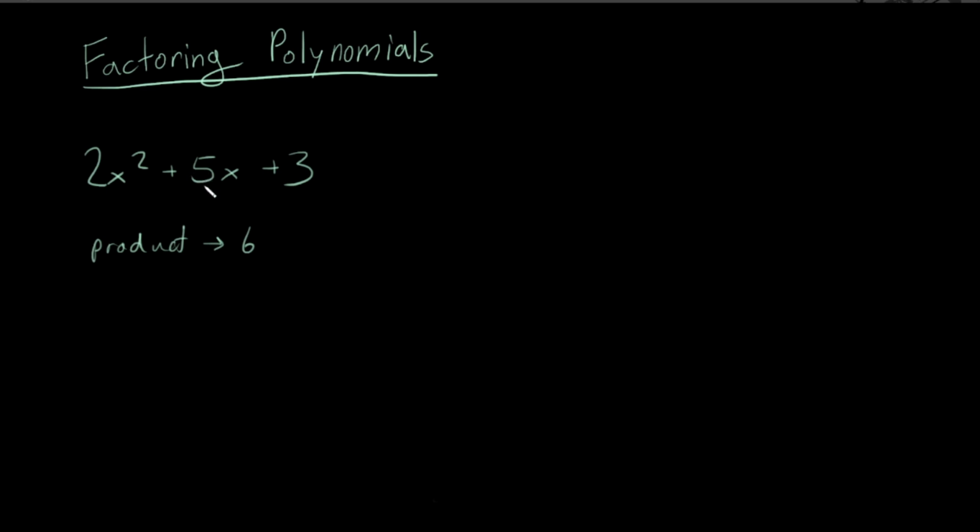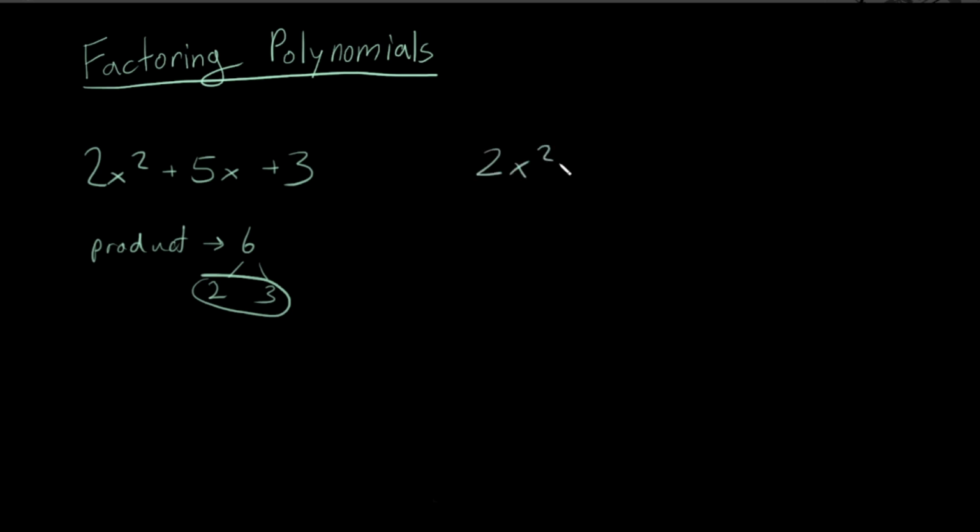Now we need to find something that is equal to 5. So our factors of 6 are 2 and 3, and right away I can see that equals 5, so I'm just going to stop there. If you do need to do 1, 6, 2, 3, that's perfectly fine, but in this case, I'll use 2 and 3. So it's pretty much the same process.